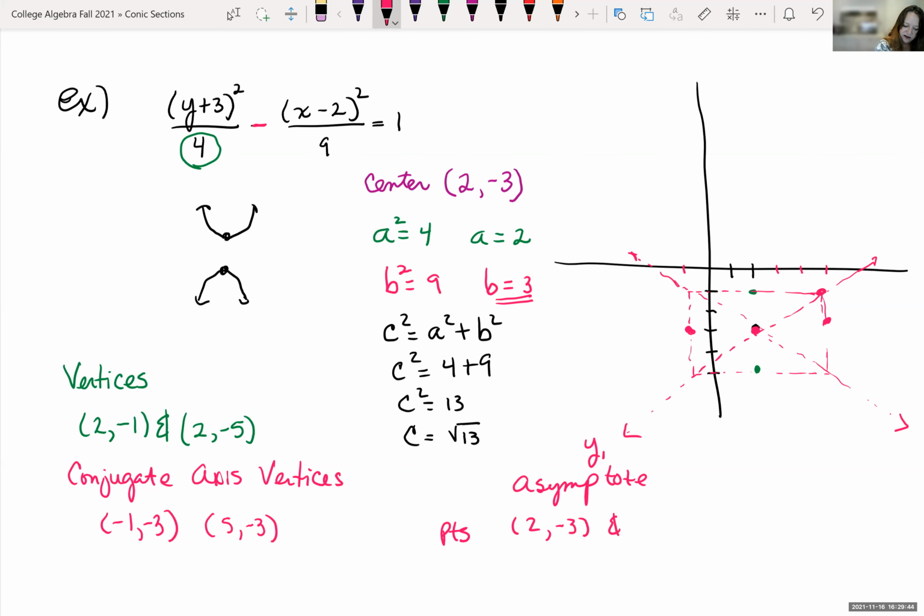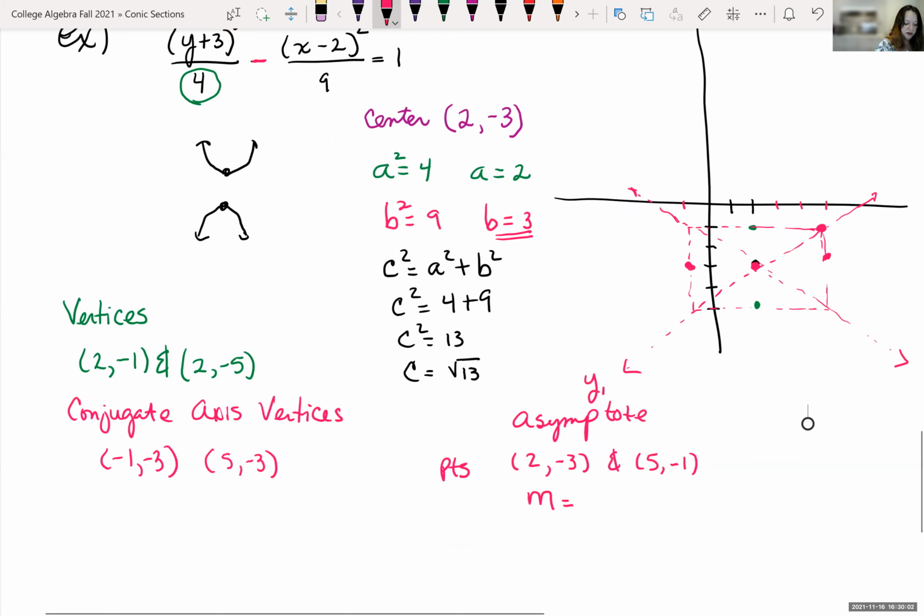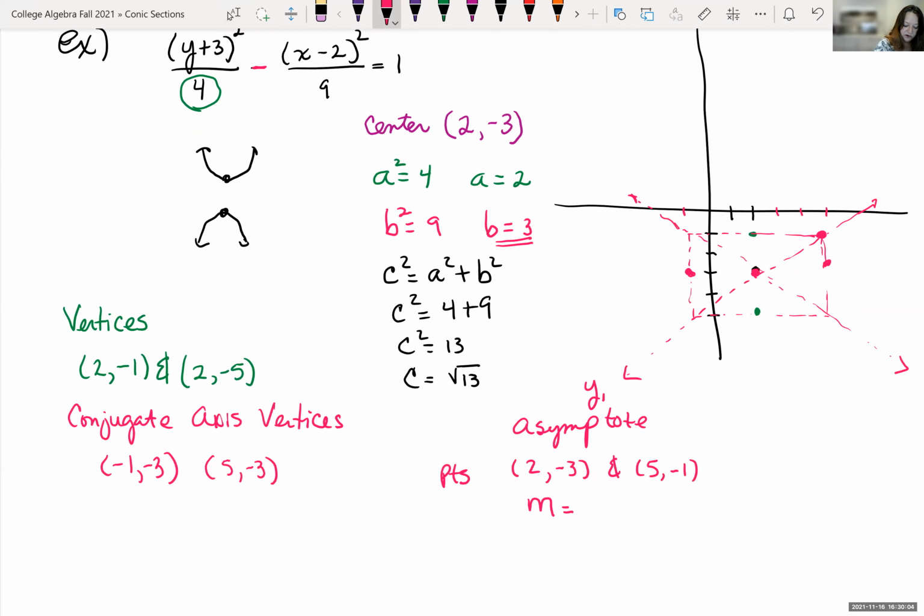And maybe this one right here in this corner, where our x value is 5, but our y value is -1. So let's find our slope of the line. The change in y, -1 minus -3, so +3, all over 5 minus 2. So we have 2 over 3, or 2/3.